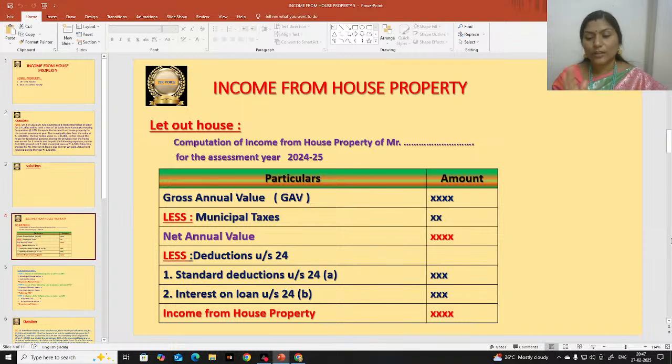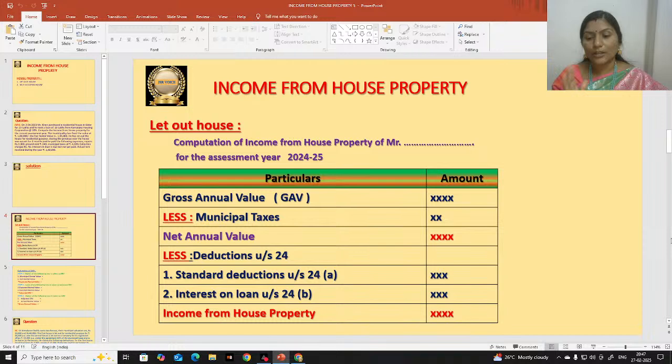First we should give the heading, income from house property of Mr. so-and-so; the assessee name should be recorded there, for the assessment year 2024-25. Under that we have to draw columns: particulars and amount. The first item is always gross annual value, the short form of which is GAV.